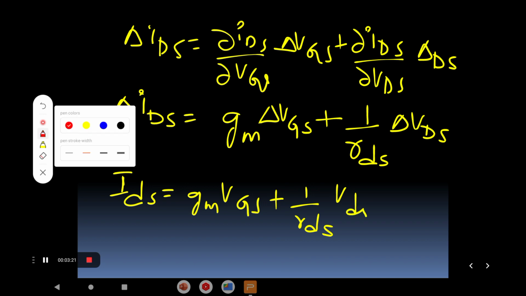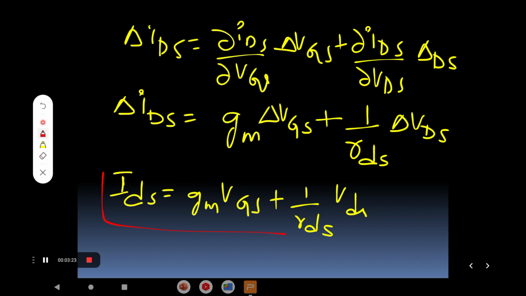So this is a small signal model of a FET, a small signal model of a field effect transistor.